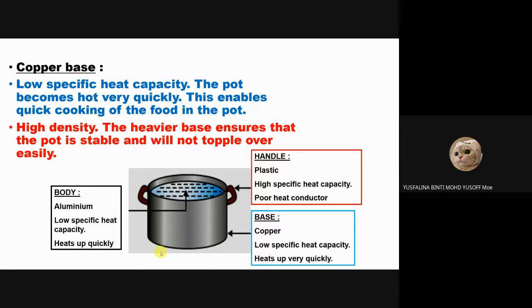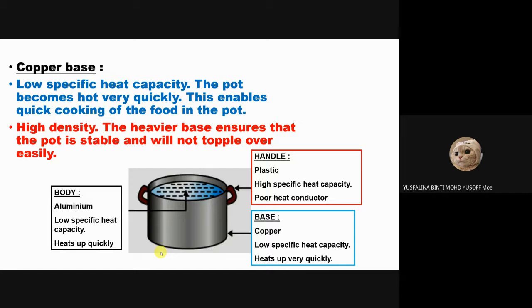So this is the function that you learn with the specific heat capacity. Low specific heat capacity, the temperature increases faster. High specific heat capacity, it will not heat up faster, it will heat up slowly. It's just the same as the conductor and the insulator.